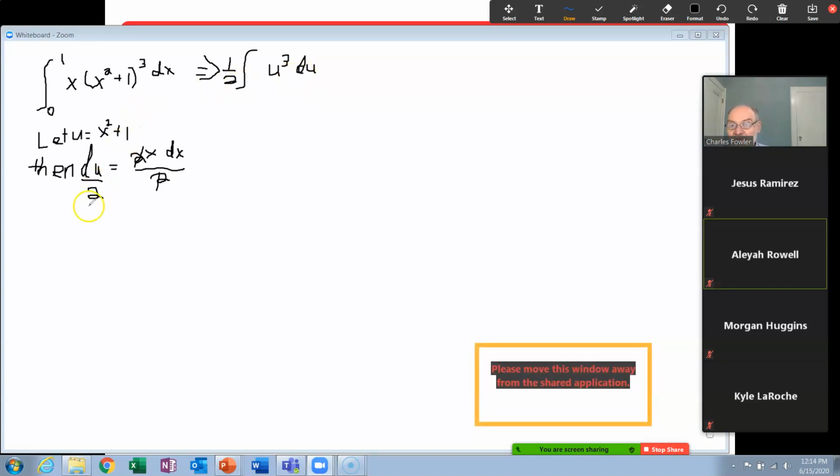The du over 2 was x dx. There's the x dx. There's the over 2 part. There's the du part. And then this part was u cubed du.